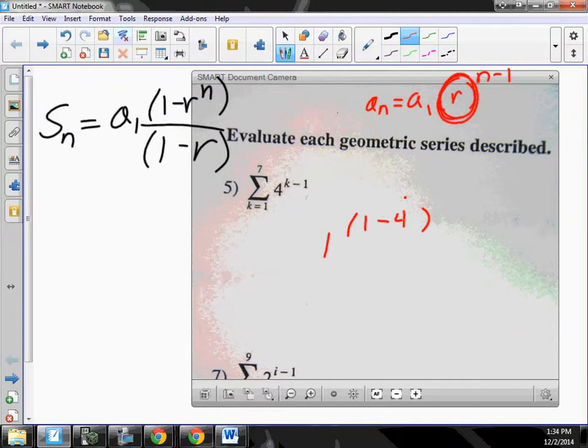So, I think you're confused with the n minus 1, right? You're used to subtracting 1. So, n tells me how many numbers are in the list. It's like going back to the theater problem. How many rows are in the theater? Well, there's a row 1, there's a row 2, and 3, and 4, and 5, and 6, and 7. If you start at row 1 and you end at row 7, how many rows are there?